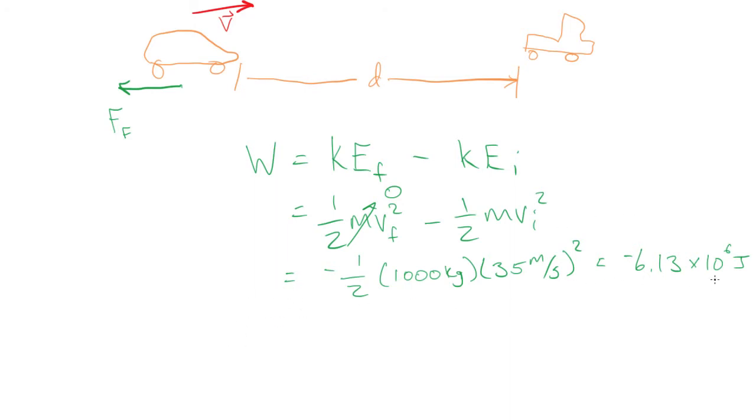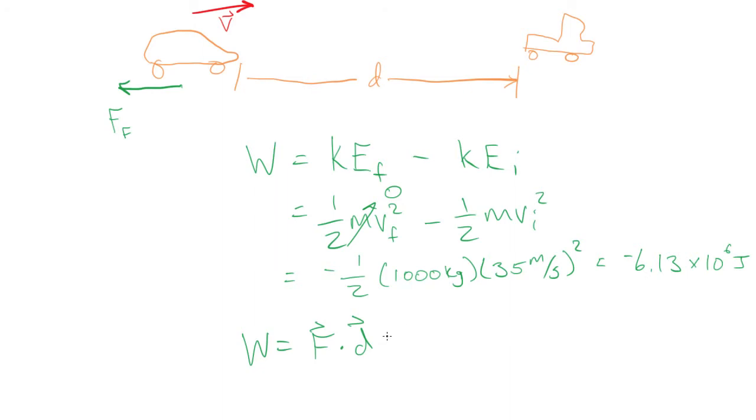All right, but back to the problem at hand. This is how much work was done by the brakes. I'm trying to find this distance. Well, I know that work, in addition to being equal to the change in kinetic energy, the work done by the frictional force is equal to the force dotted with the displacement.